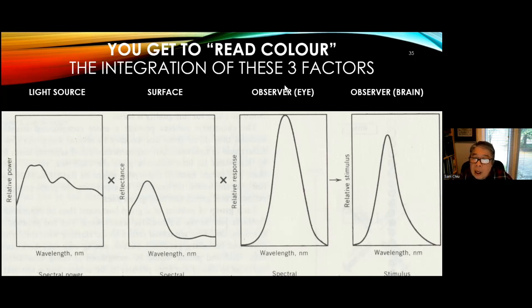Our eyes, as an observer, have yet a different set of sensitivity. Put those together, then your brain interprets it as color. Your eye is what we call a very good integrator. It integrates the light source, it reads the surface, and we usually have one reaction: we read one color.